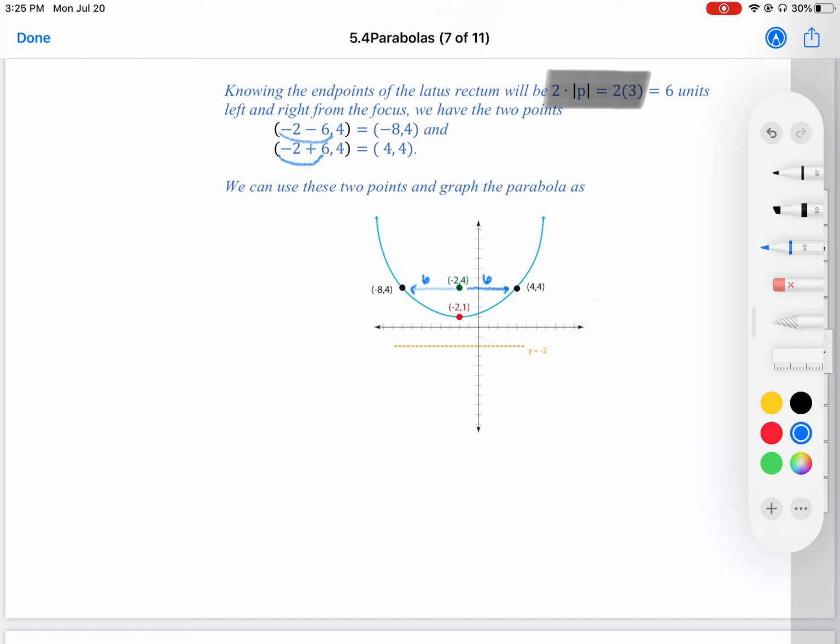If you're moving left and right, you add and subtract to your x. If you're moving up or down, you add and subtract to your y. Hopefully you've caught on to this from the chapter, because we're always adding and subtracting left and right to figure out our focus points, our box for the hyperbola, and for ellipses, finding those focus points, the foci.